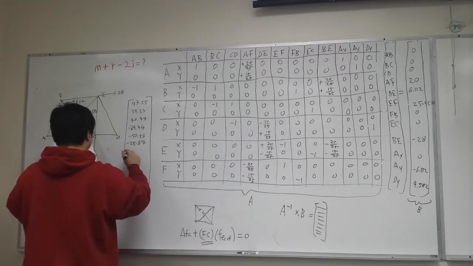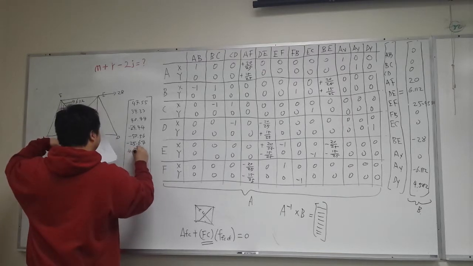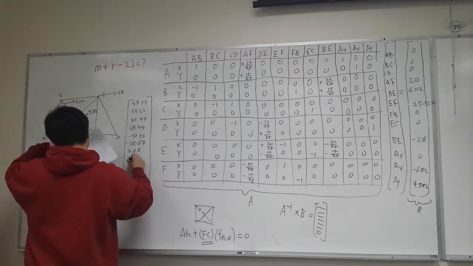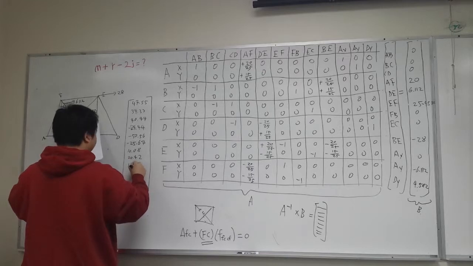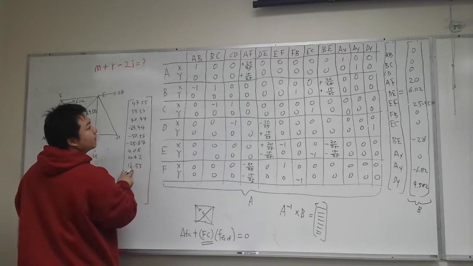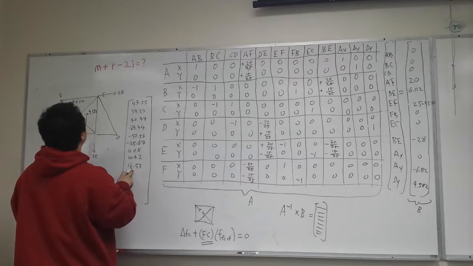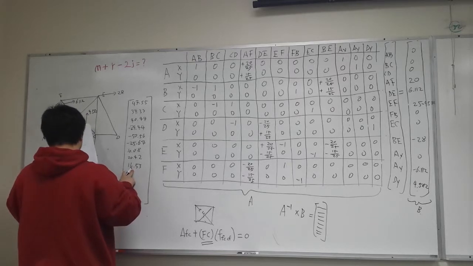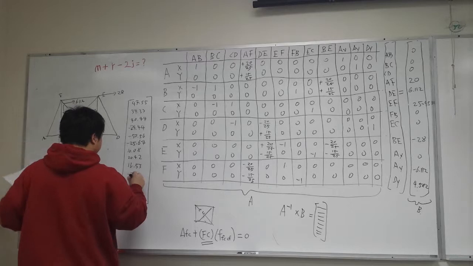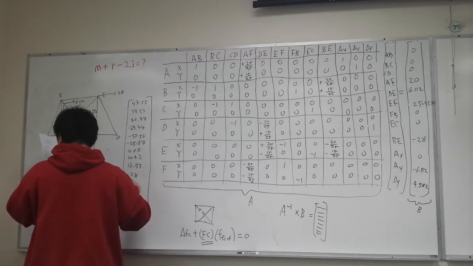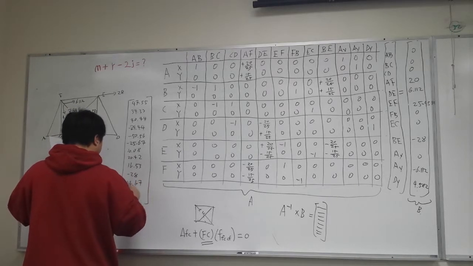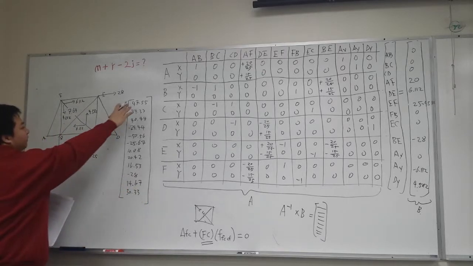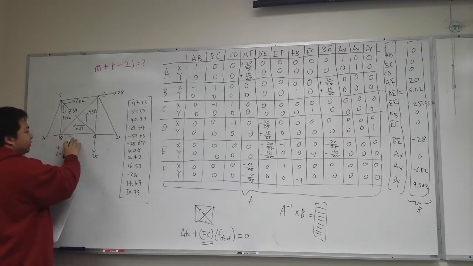You're going to have 10.08, 20.42, 16.53, EC, and you're going to have negative 28. You're going to have 14.06, 30.67 and 30.33. So you have to put all the forces back into the original one to get the full credit.